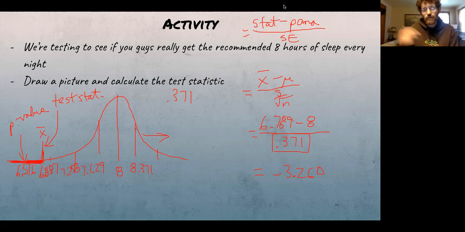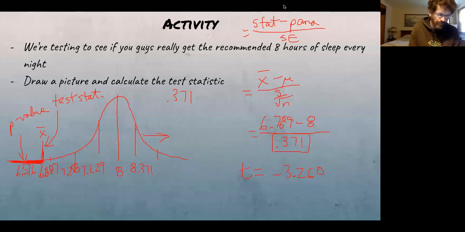I know we were checking for normality earlier, but we're technically using a t distribution. So this test statistic is called t, which explains why we call this a t-test, not a z-test. Luckily, the name kind of gives it all away. Okay, so we got a t test statistic of -3.260.